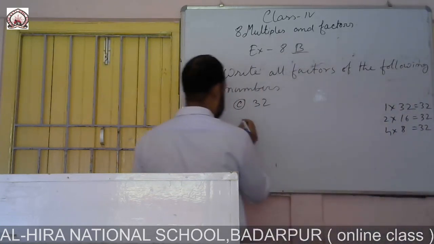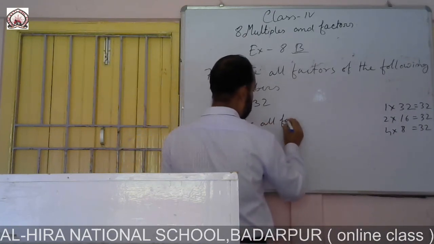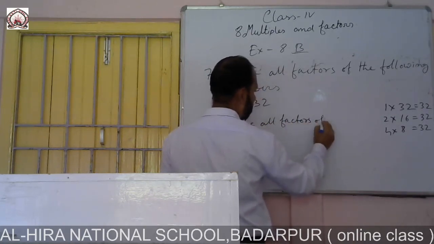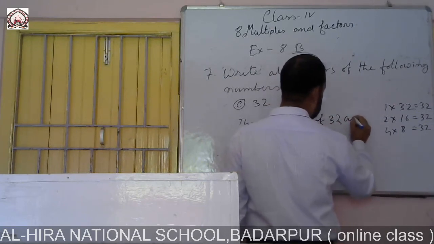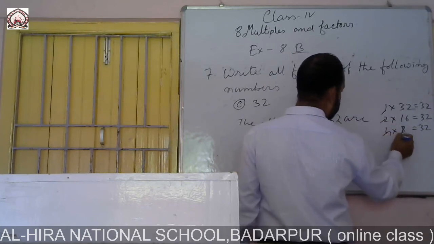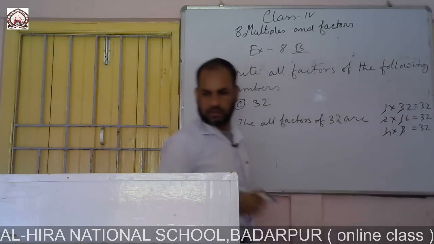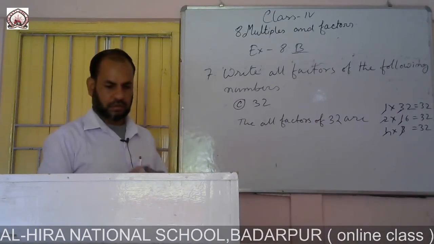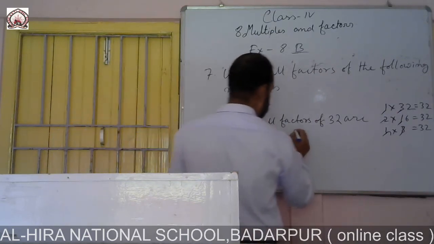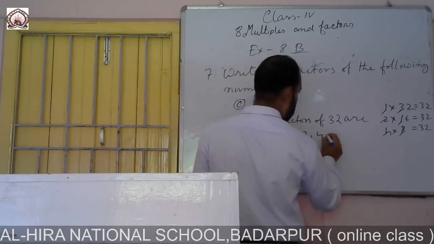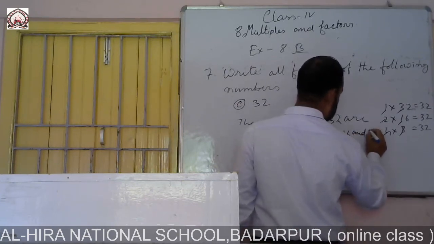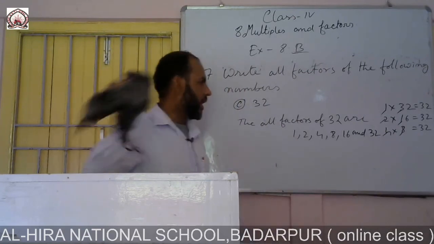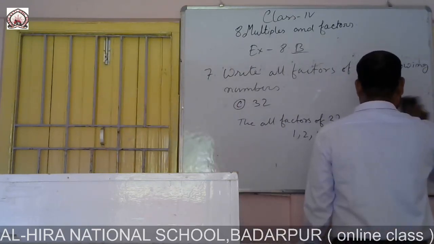So all factors of 32 are 1, 2, 4, 8, 16 and 32.